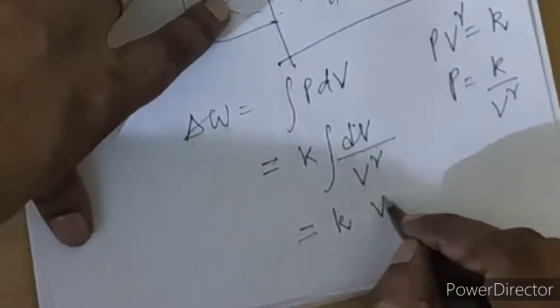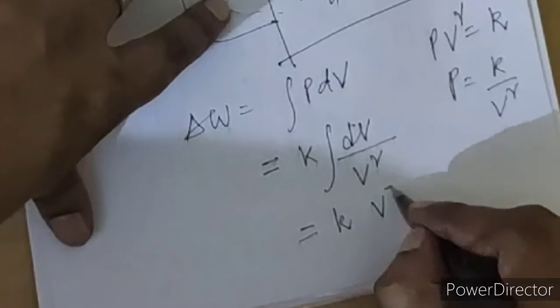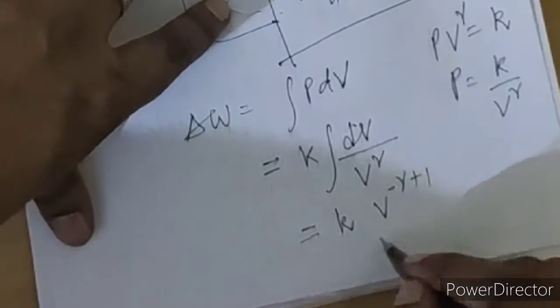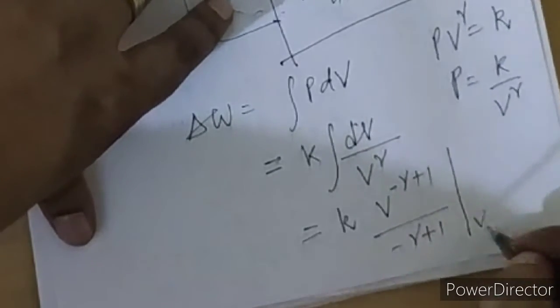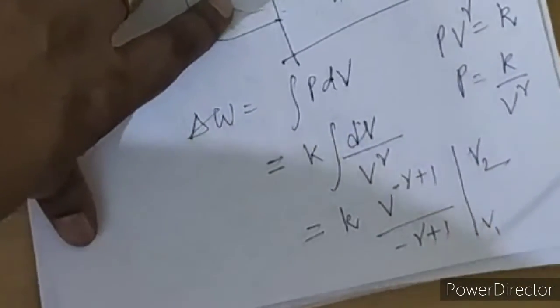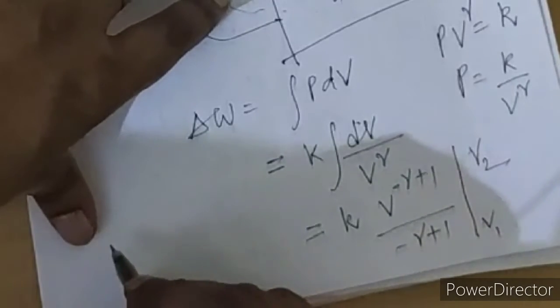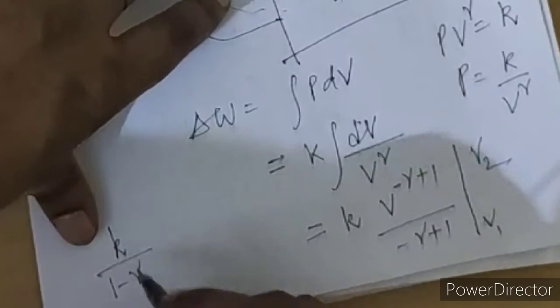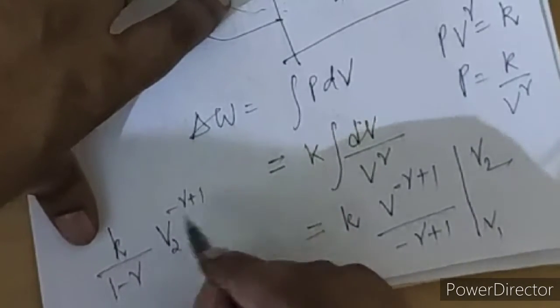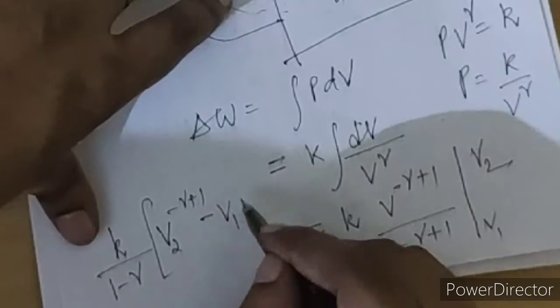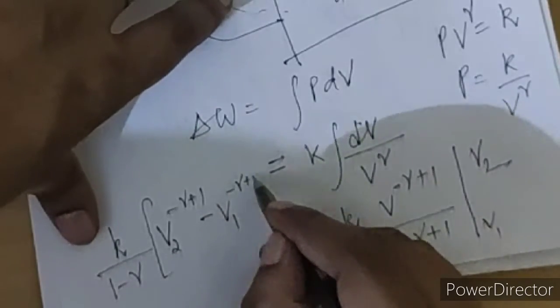This is V to the power minus gamma plus 1 upon minus gamma plus 1, from volume V1 to V2, and you can take the values: 1 upon 1 minus gamma times V2 to the power minus gamma plus 1 minus V1 to the power minus gamma plus 1.